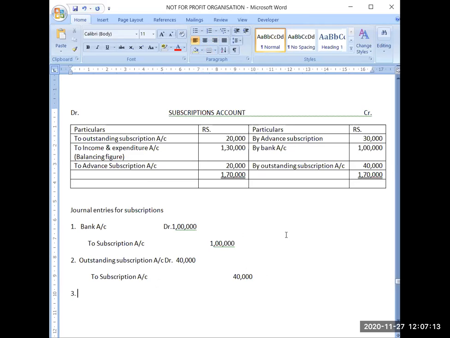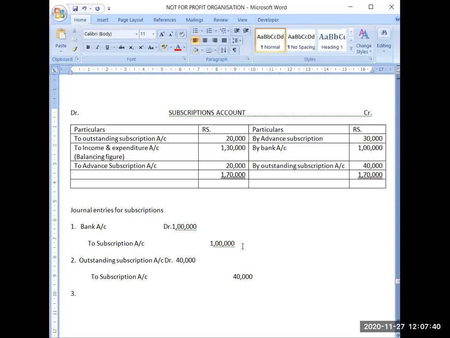Now, I realized that out of this 1 lakh, I have received rupees 20,000 as advance for the next year. So this is not my current year income. So should I reduce this income?